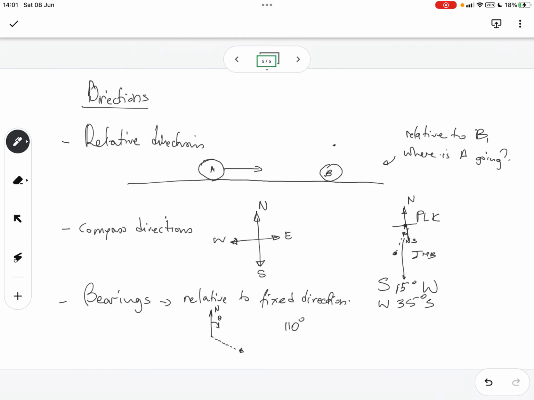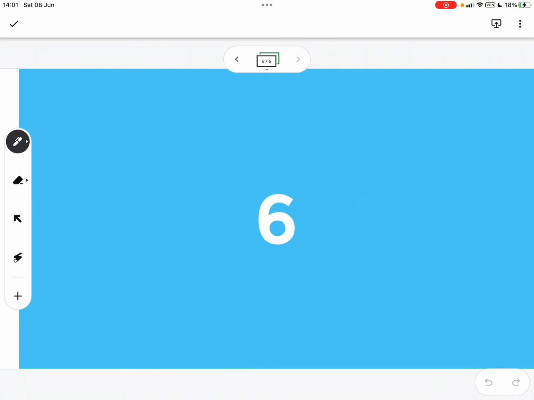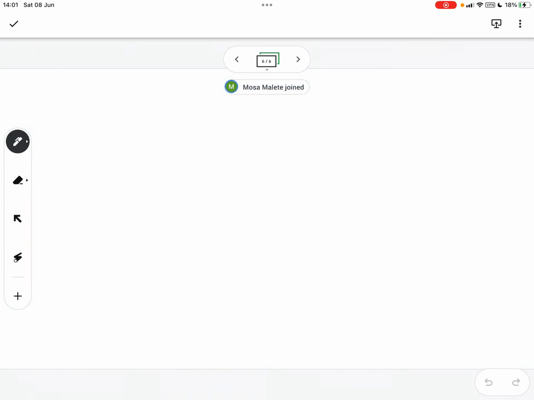So we count from north and then we go clockwise and around for 360 degrees. So if you have an angle of 110 degrees, then you would have traveled on that bearing, and this angle would be 110 degrees. And this would be the vector.